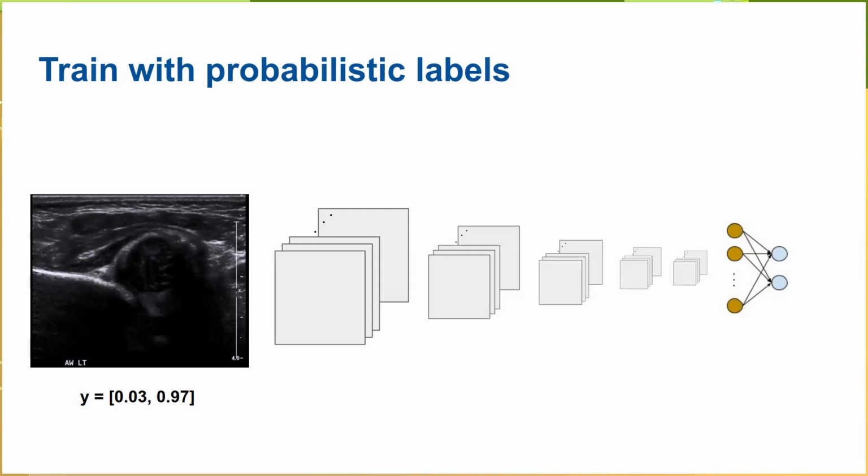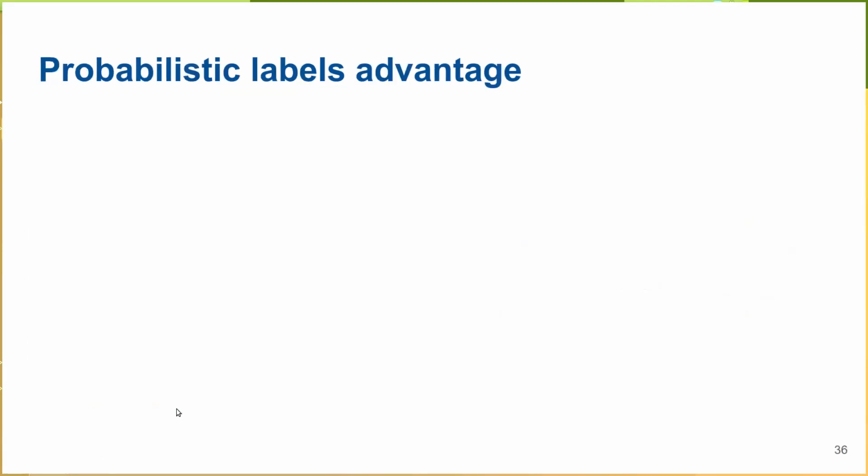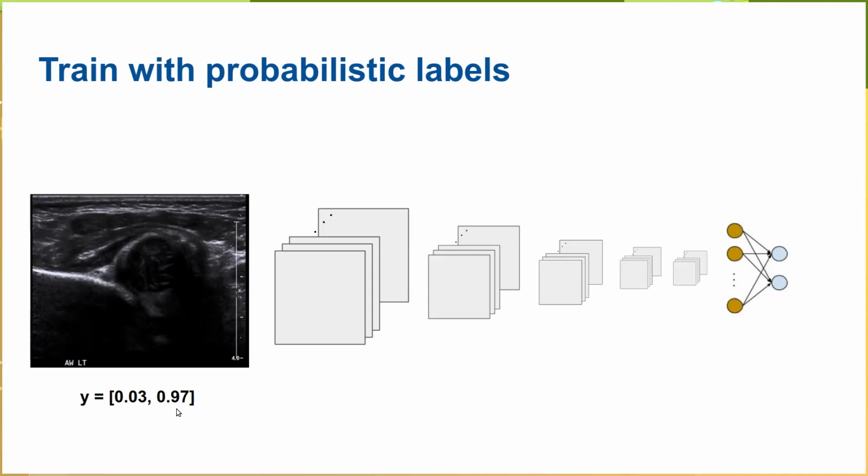Now that we have our probabilistic labels per every image, we repeat and do the same thing as always. We take the image, we put this input into a convolutional neural network, then the label is no longer 0.1, it's 0.03 and 0.97, and then we train the model.